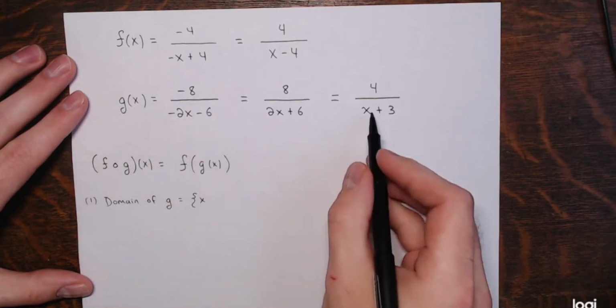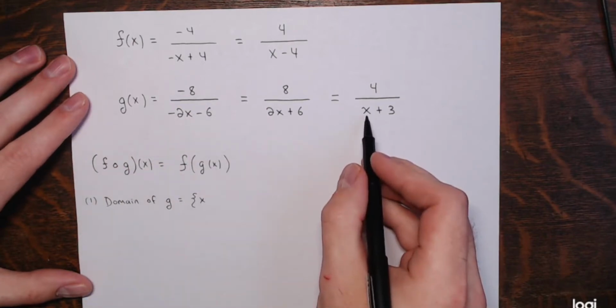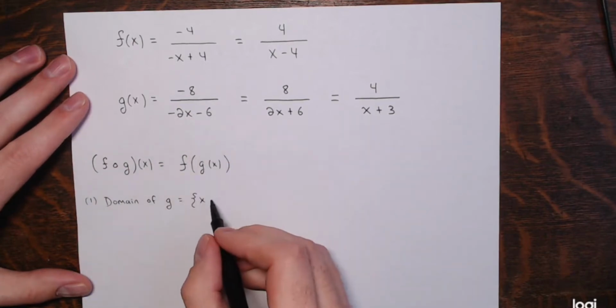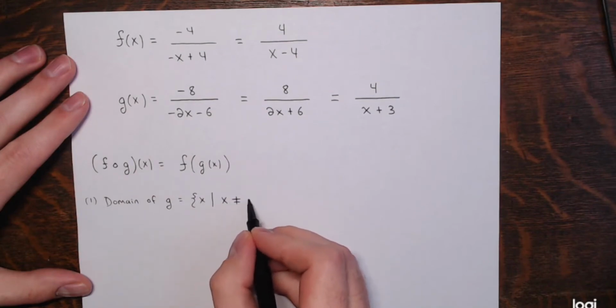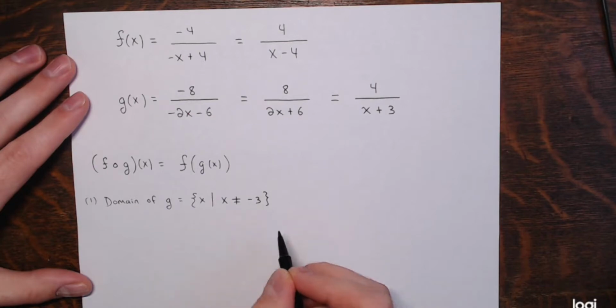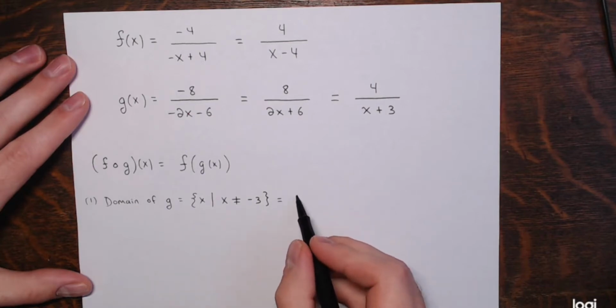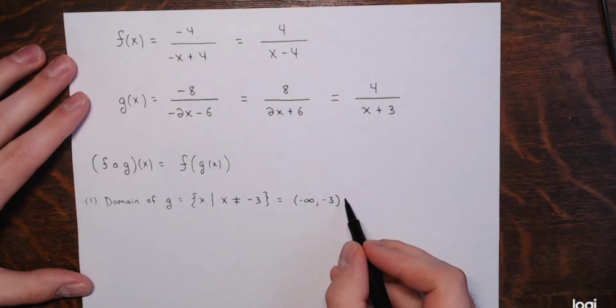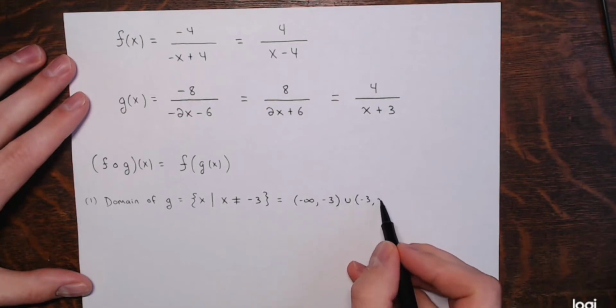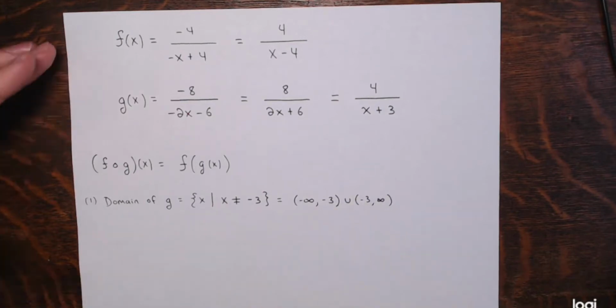If x were -3, the denominator would be 0. So it's all x, as long as x is not -3. In interval notation, that'd be from -infinity to -3, union -3 to +infinity. It's all real numbers except -3.